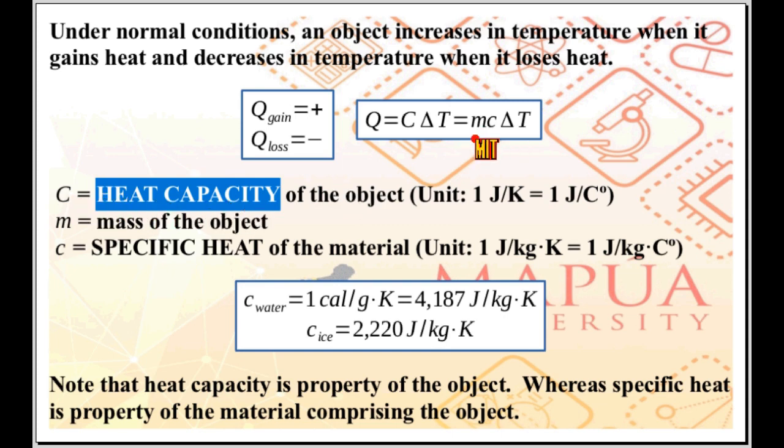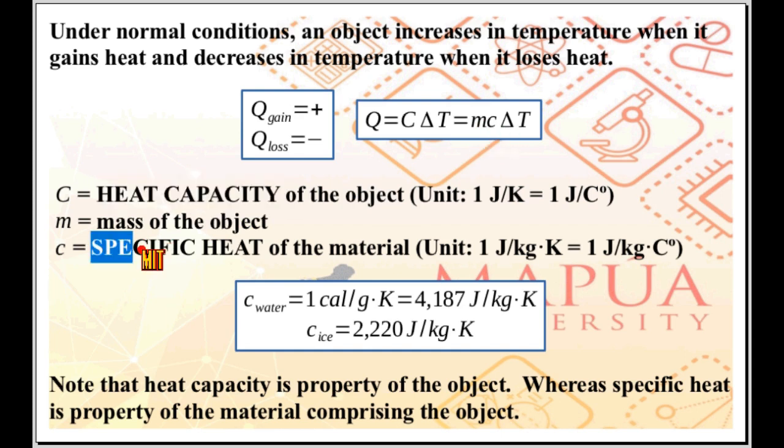M is the mass of the object, and for MC delta T, small c is the specific heat of the material. Unit is joules per kilogram Kelvin or joules per kilogram Celsius degree.